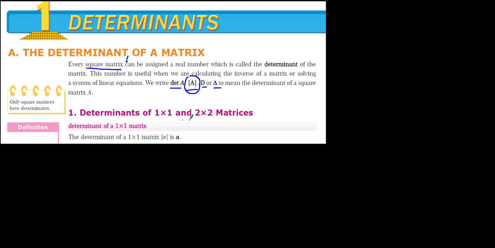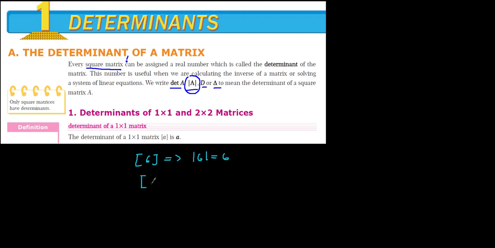So the 1 by 1 matrix is the easiest one. The determinant of a 1 by 1 matrix A is equal to a, which means if your matrix is [6], the determinant of matrix 6 should be equal to 6.